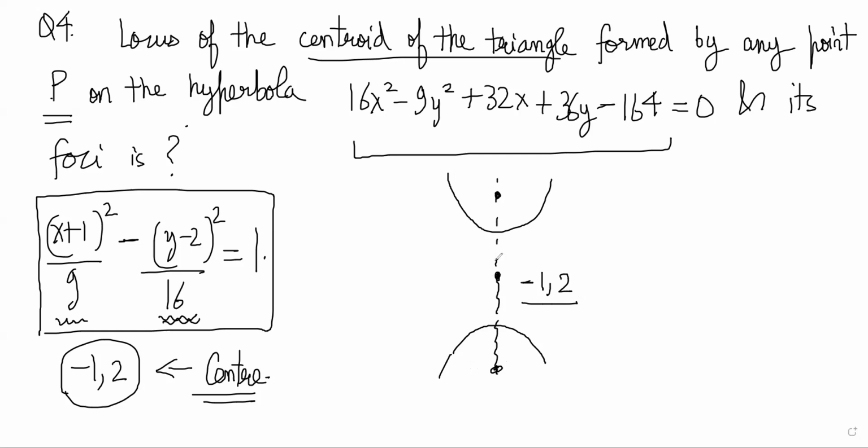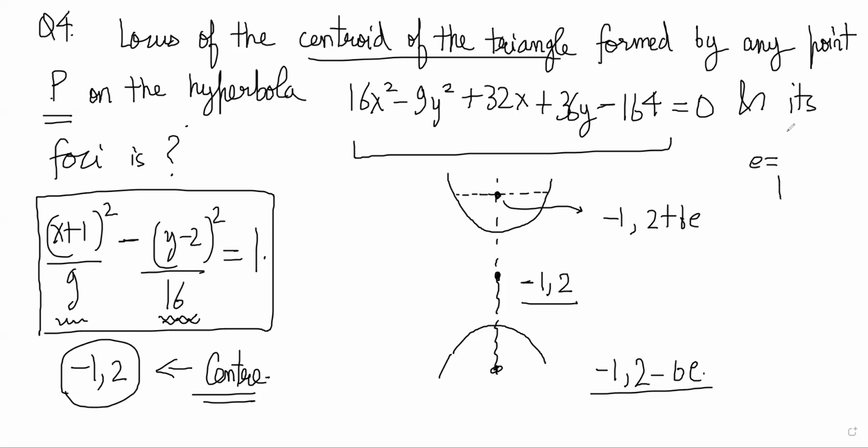So what we would get is, we should get this point as, usually it would have been 0 comma BE and 0 comma minus BE. Now it would be minus 1 and 2 plus BE, minus 1 and 2 minus BE, right?